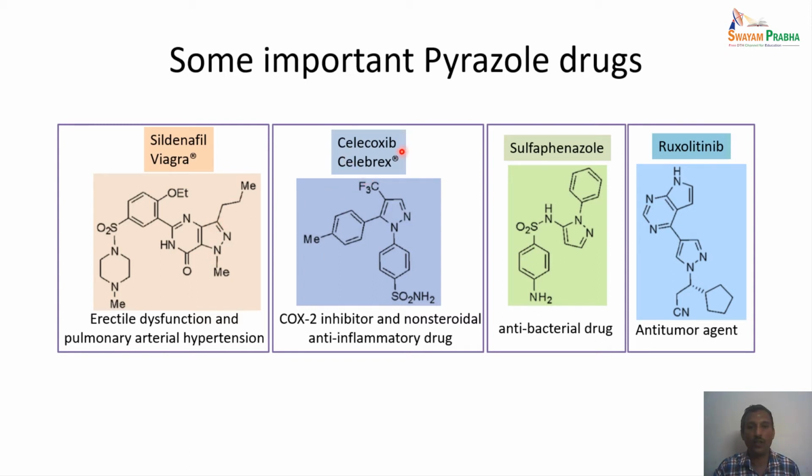Celecoxib or Celebrex is a COX-2 inhibitor, and it's a non-steroidal anti-inflammatory drug. This drug again has a pyrazole moiety. Sulfaphenazole is an antibacterial drug, and ruxolitinib is another anti-tumor reagent. So both of these contain the pyrazole moiety.